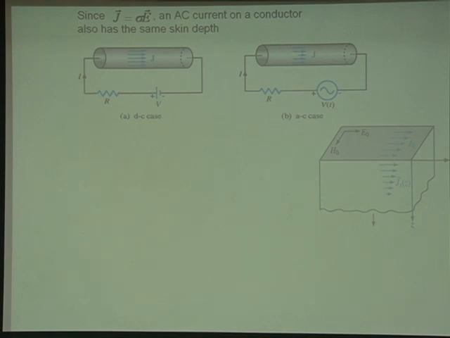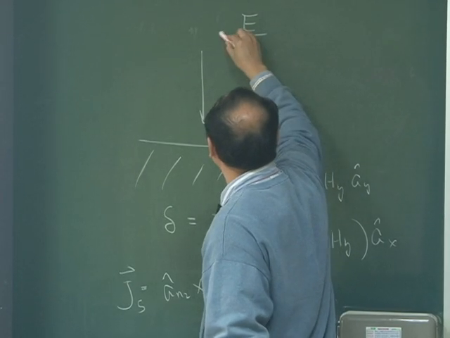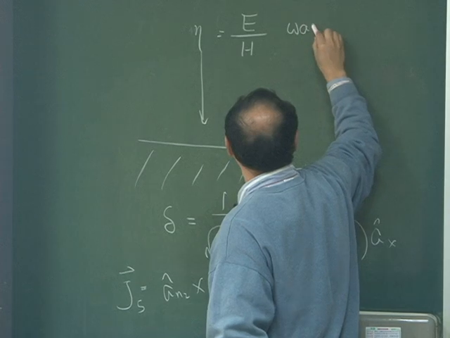If you are interested, you can consult your teaching assistant, but the derivation appears to be quite complicated. But this is the simplest explanation for the surface current induced on a piece of conductor due to an AC power supply.